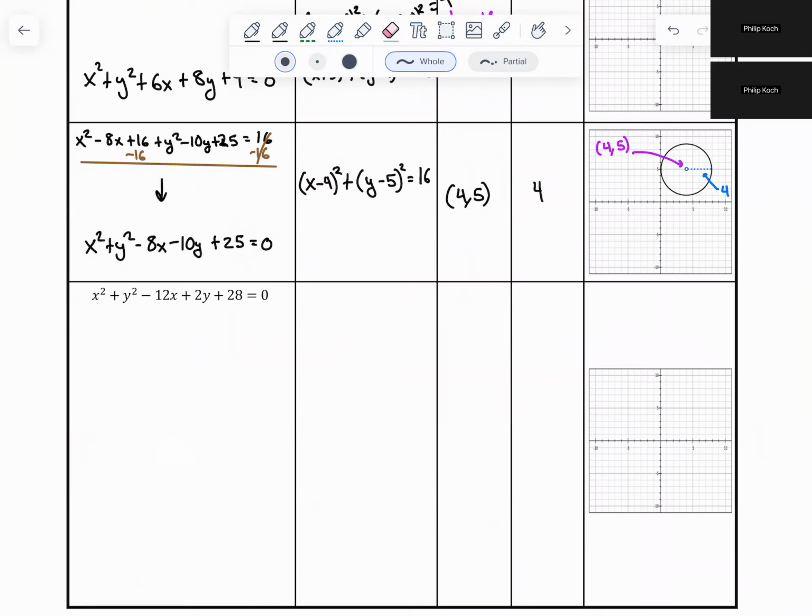Because I want to get x minus h quantity squared and y minus k quantity squared. So I'm going to regroup it. X squared minus 12x plus y squared plus 2y plus 28 is equal to 0.